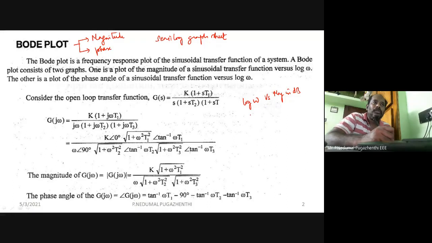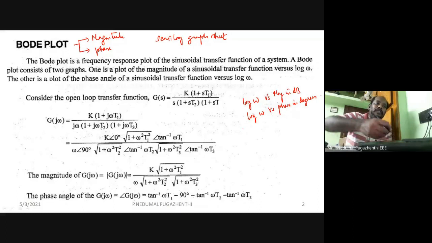Since it is only partially logarithmic, we call it a semi-log graph sheet. So logarithmic omega versus magnitude in decibels always, and in the phase plot you will have logarithmic omega versus phase in degrees. So we will have two plots.